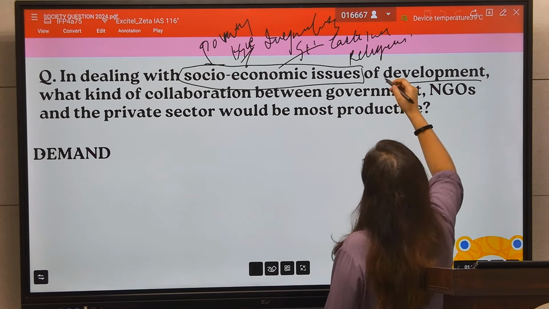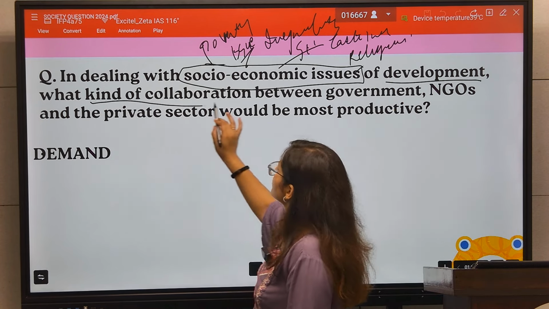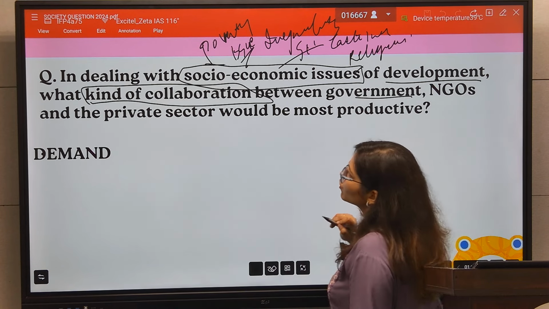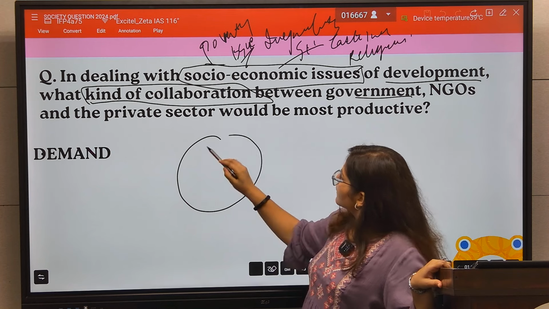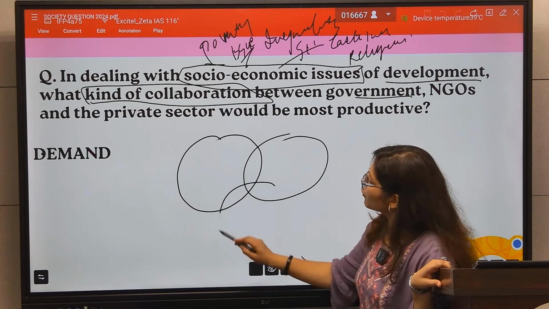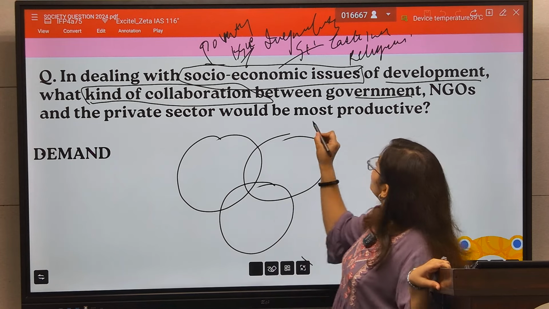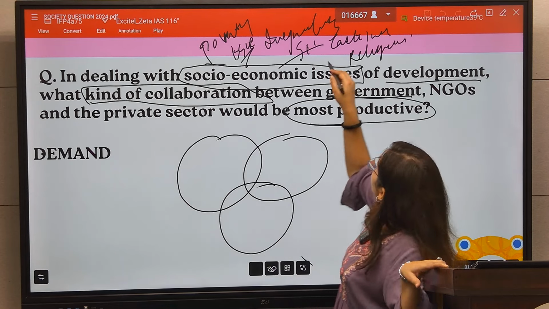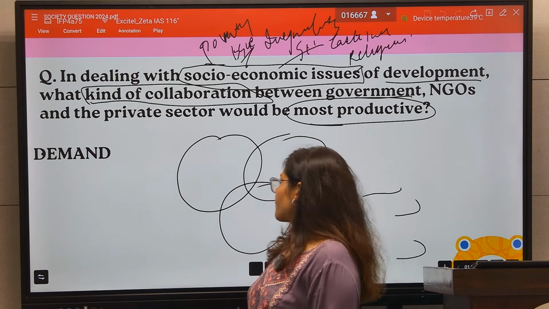The question is about what kind of collaboration between the government, NGO and private sector is the best, or the most productive collaboration that you recommend for dealing with the socio-economic issues of development.